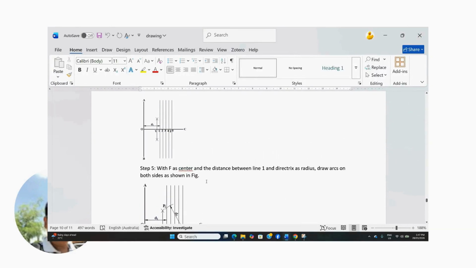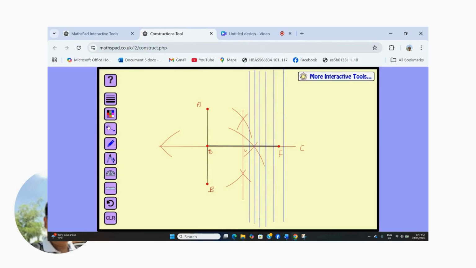Now in next step, we should draw some arcs with F as a center and distance between line 1 and directrix as a radius. And we should draw arcs on both sides as shown in figure.